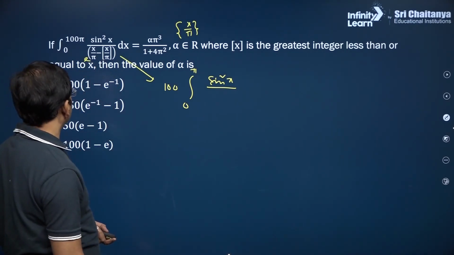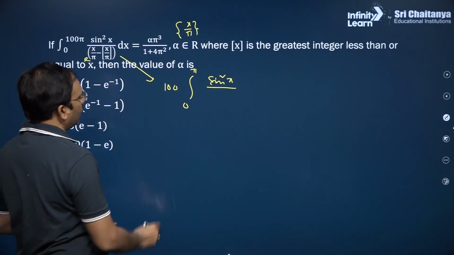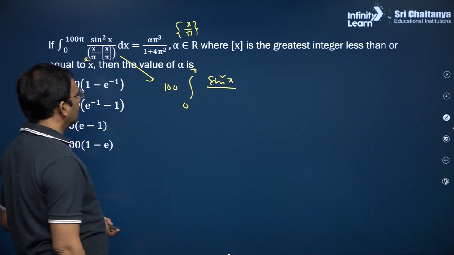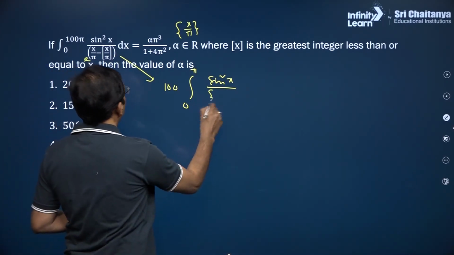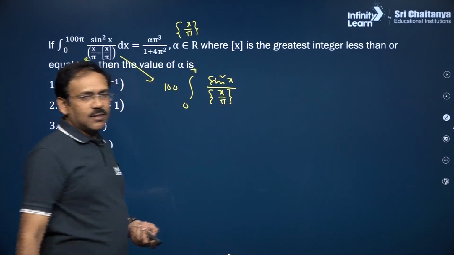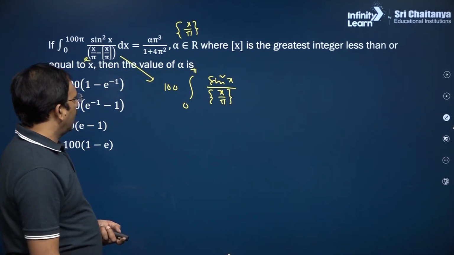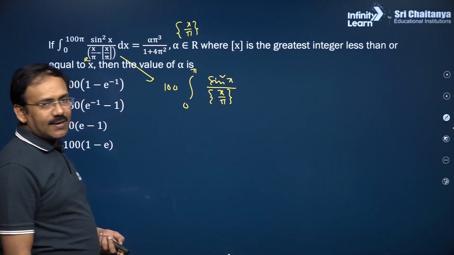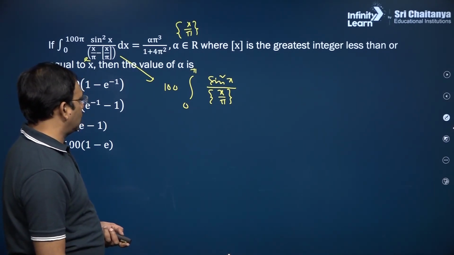So the fractional part of x by pi. Here sin square x you can write as (1 minus cos 2x) by 2.